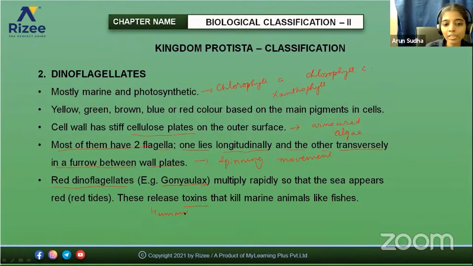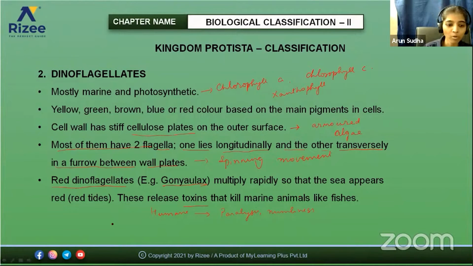Through the fish, it enters the human through the food chain, and it may cause paralysis, that is numbness, and also it may cause death. So these toxins are very dangerous, as a result of the growth of these dinoflagellates.